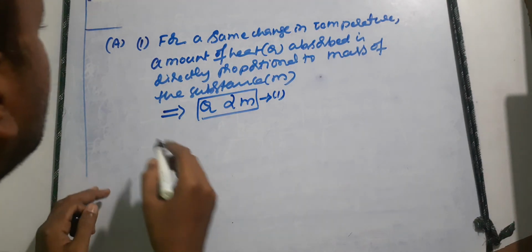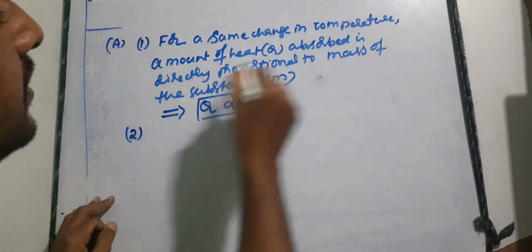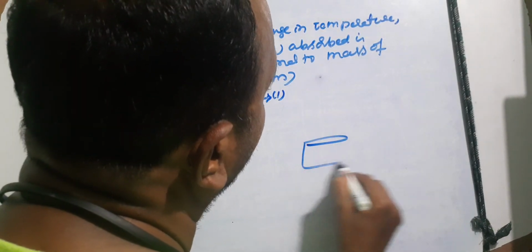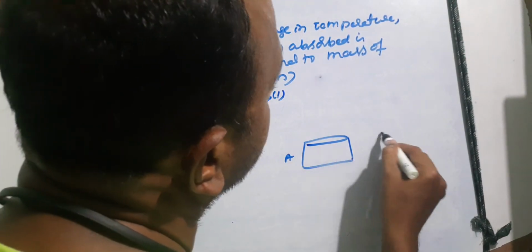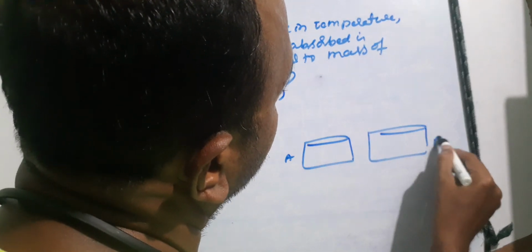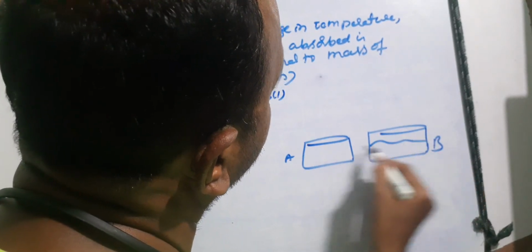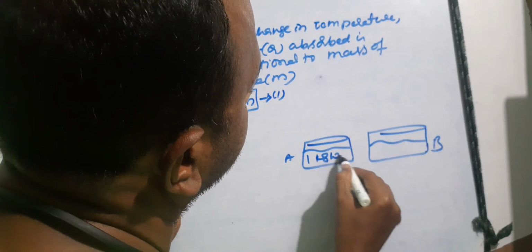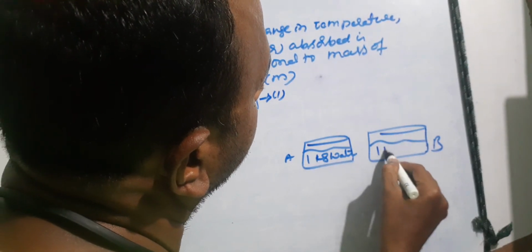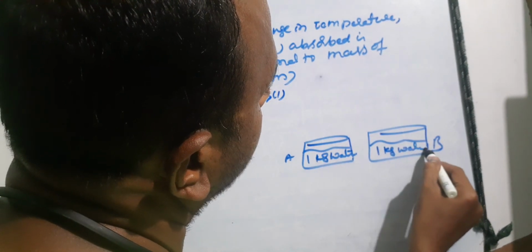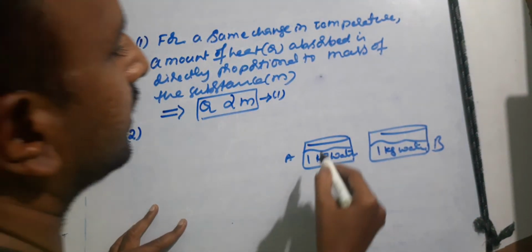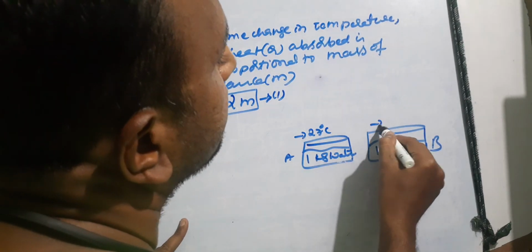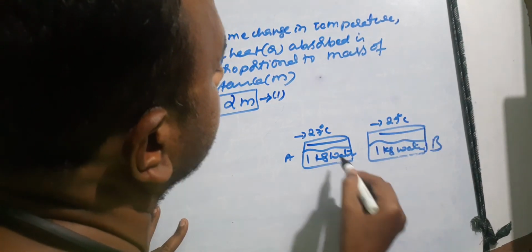Now, what is the relation between the amount of heat and change in temperature, students? For this one, again we are taking two vessels A and B, but in this case both are filled with the same mass of water. Suppose 1 kg of water and 1 kg of water, that is 1000 grams each. Initially both are at 27 degrees Celsius, which is T1.